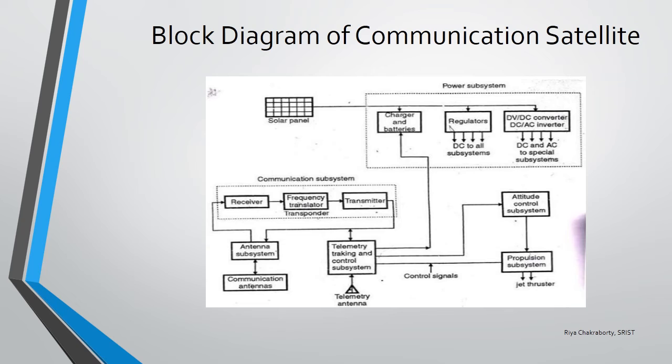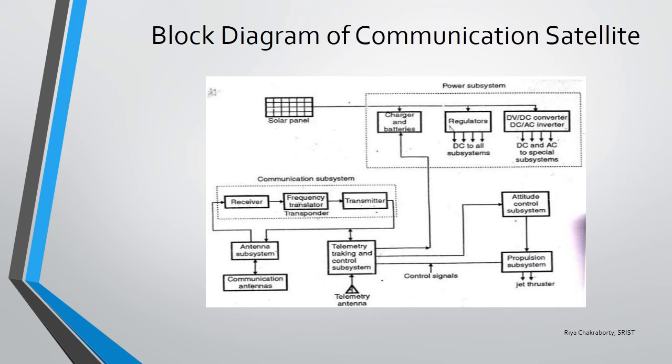The communication subsystem consists of multiple transponders. They receive the uplink signals, amplify them, and translate them in frequency through a frequency translator, and the transponders share a common antenna for both reception and transmission.